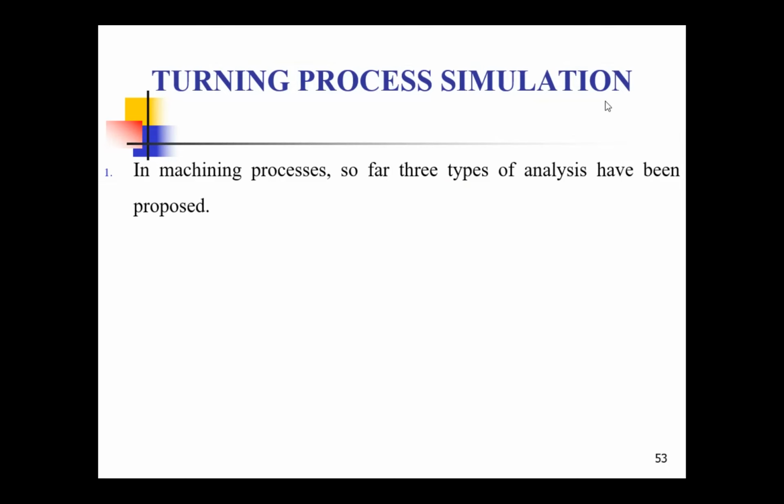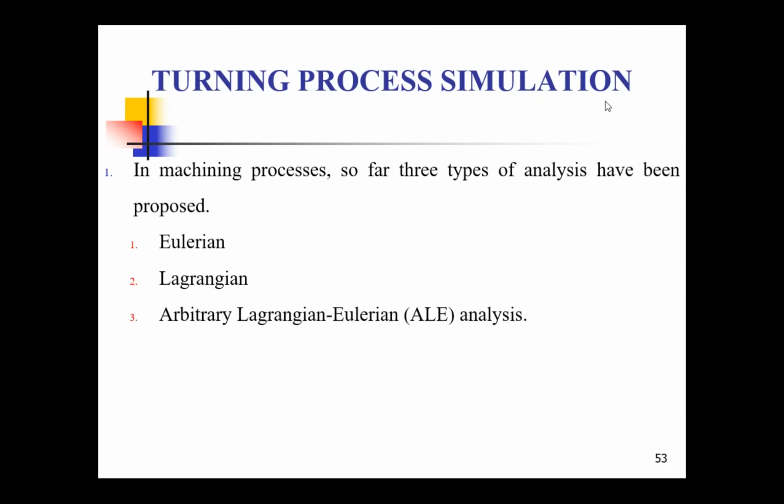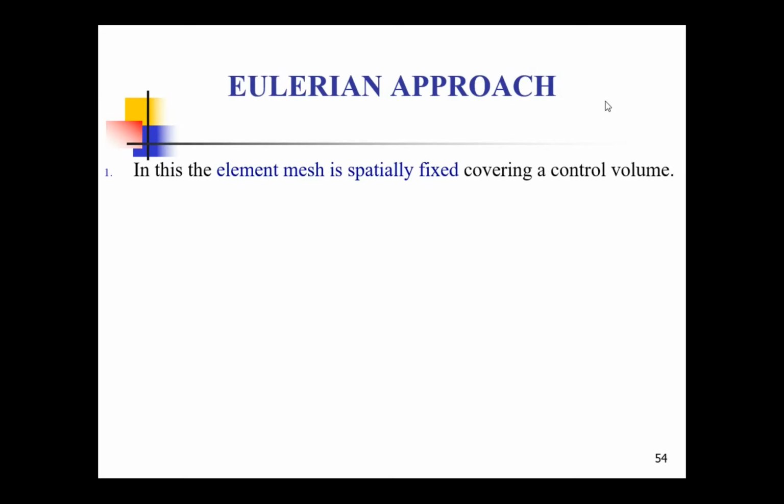In the machining process, normally we come across three important analyses. The first one is the Eulerian theory, the second one is the Lagrangian theory, and the third one is the arbitrary Lagrangian and Eulerian theory, which we call ALE analysis. You can Google it and find n number of papers on this. So what is the Eulerian approach?